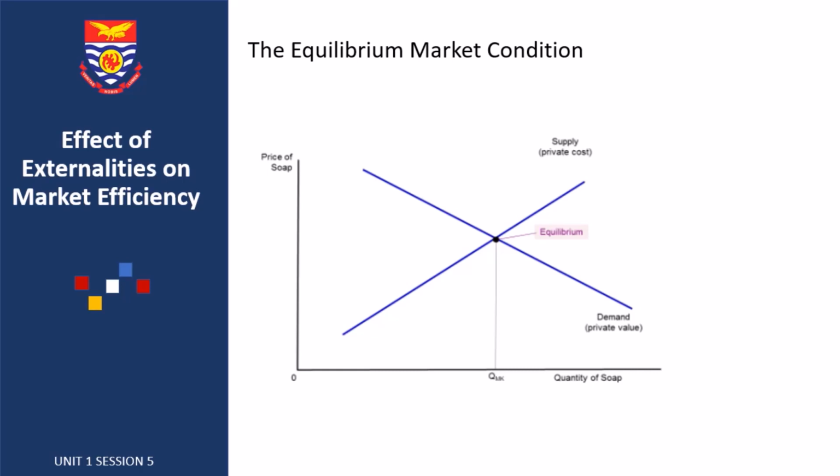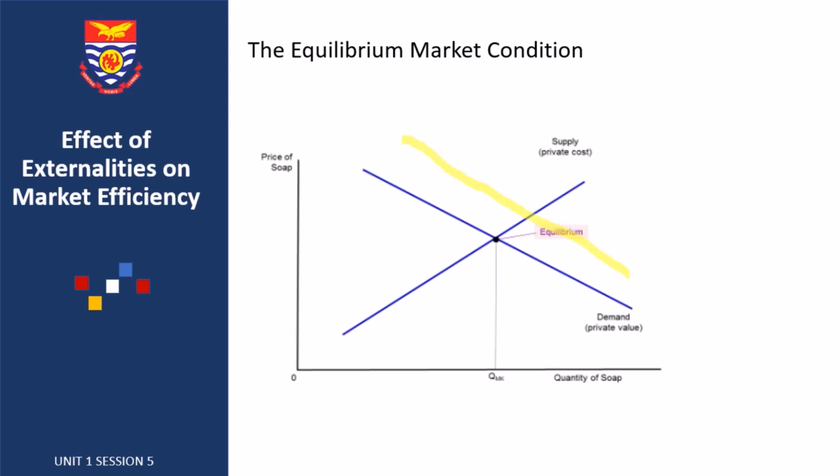Let's assume there is a positive externality, which we explained in our previous slides to be a situation whereby the actions of one person has a desirable impact on a bystander. So if there is a positive externality, then we assume that the demand curve should increase.